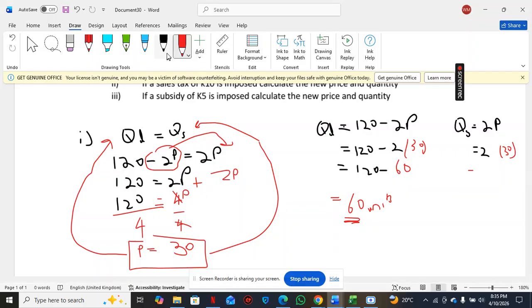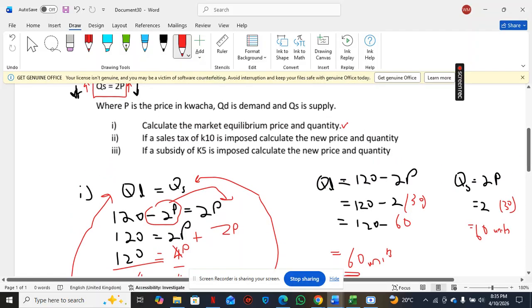Any questions? So we have answered number 1. That's how you calculate equilibrium price and quantity.